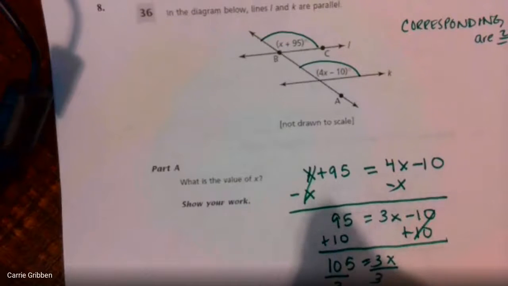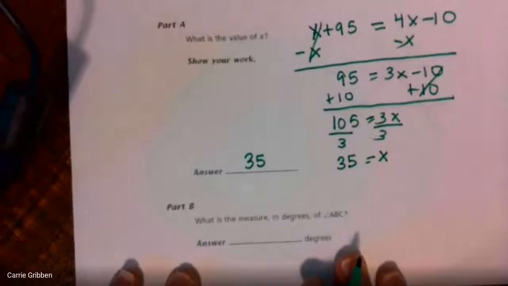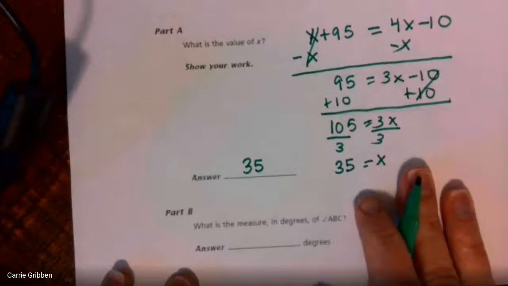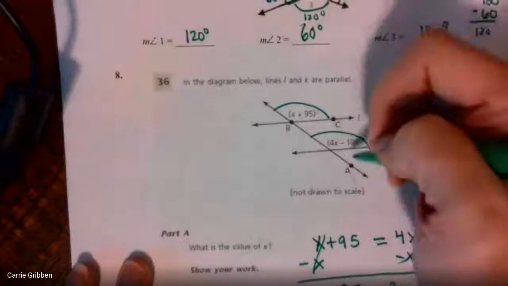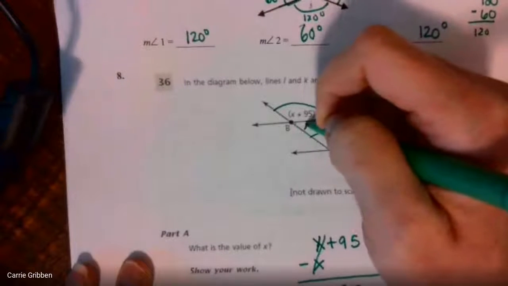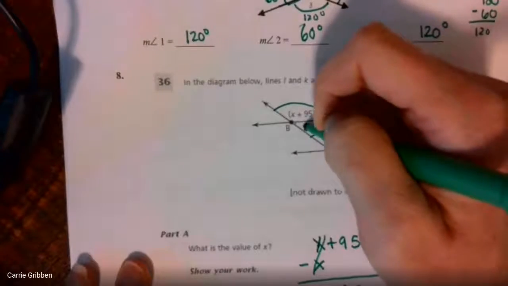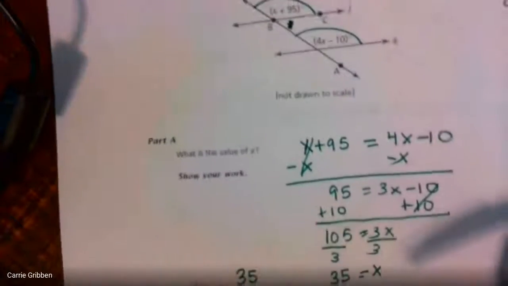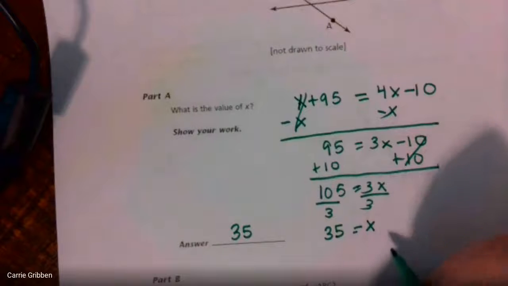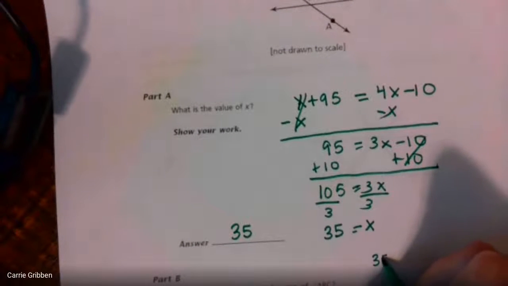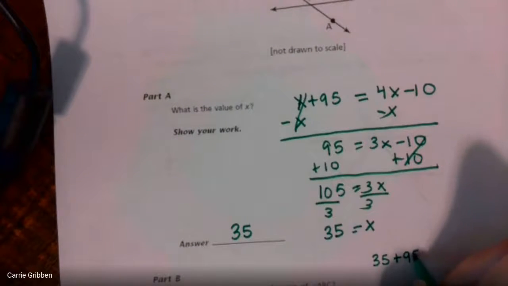So if x is 35, this is what part B says. Sorry, I missed that a little bit. You can look at that. What is the degrees in ABC? So I have to look. Where is ABC? All right, well, ABC is this guy right here, this little angle. So that's acute, so I know it can't be over 90. So I'm going to have to plug in 35, and add 95 to it so that I actually know what the big angles are.